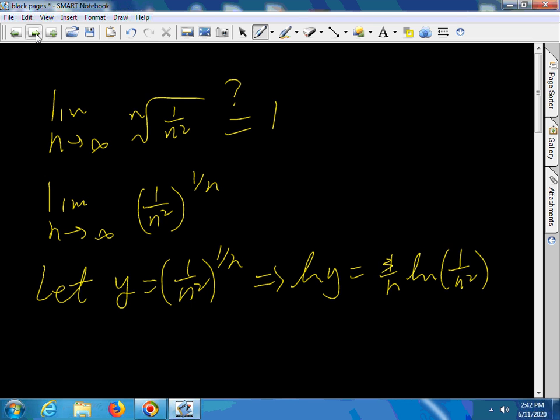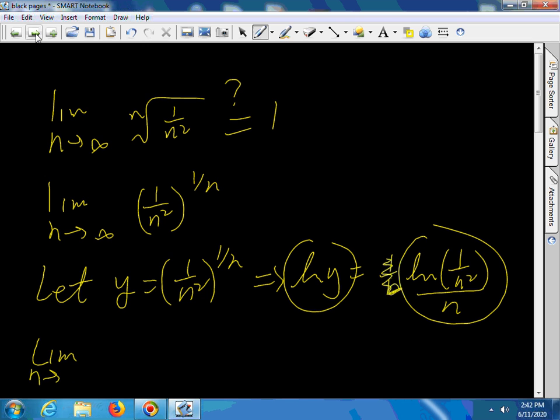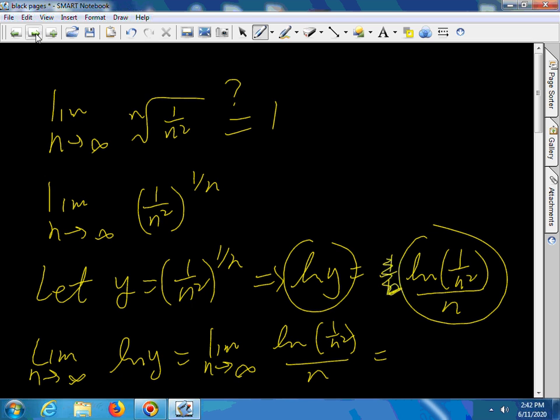And instead of multiplying by 1 over n, we can just divide by n. Now we take the limit of both sides as n goes to infinity. Ln of y is equal to the limit as n goes to infinity of ln of 1 over n squared over n.